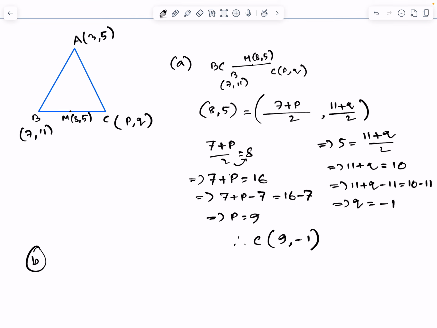What's the question saying? Find the equation of the straight line joining the midpoint of AB. Do you know the midpoint of AB?